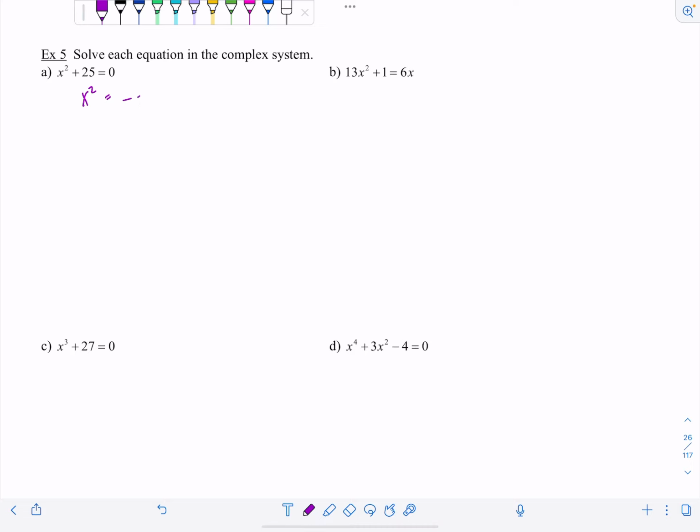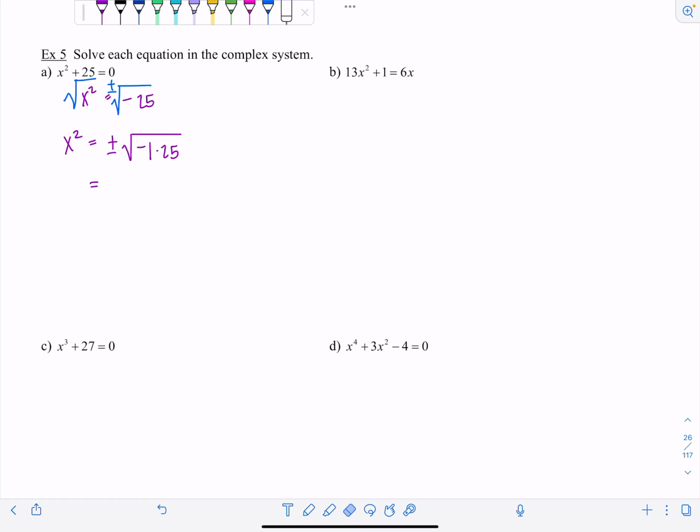So x squared equals negative 25. And then I'm going to take the square root of both sides. Don't forget to put plus or minus on the right side. So x equals plus or minus the square root of negative 25. If you need a little review on how to simplify it, remember it's the square root of negative 1 times 25.